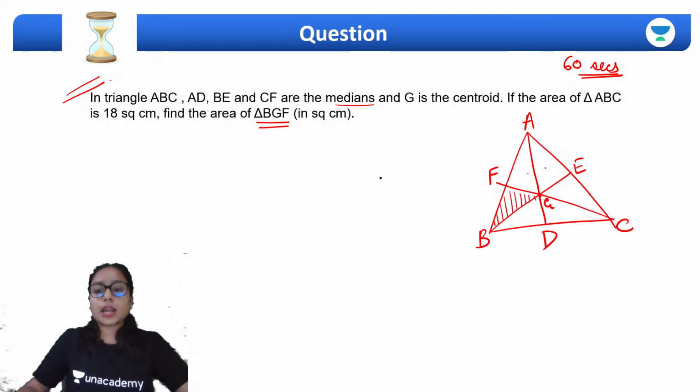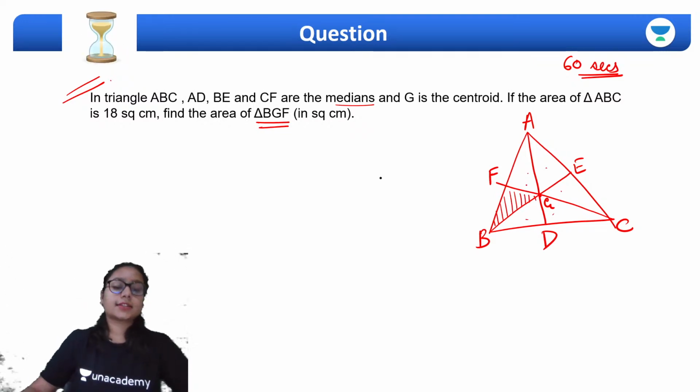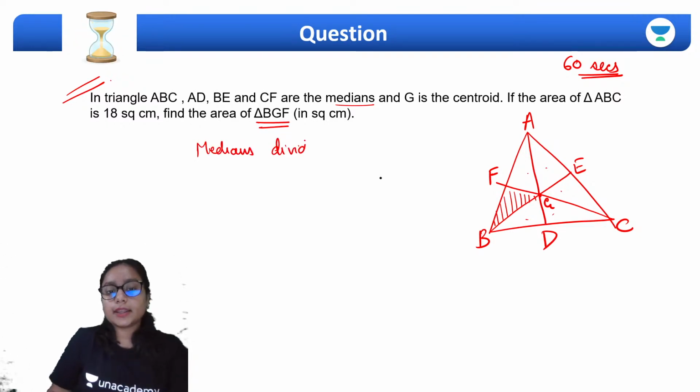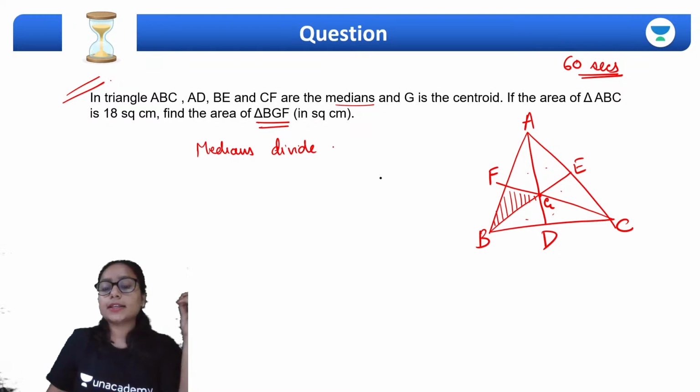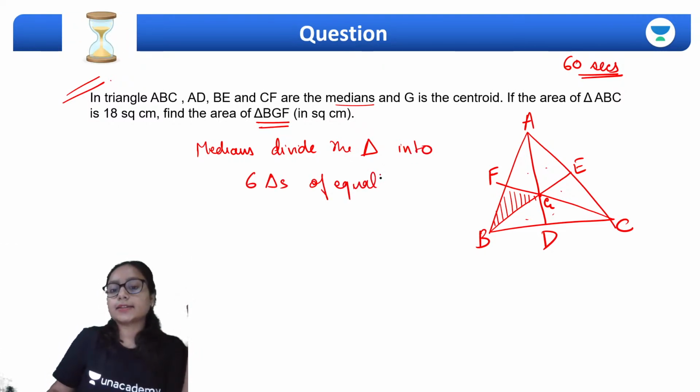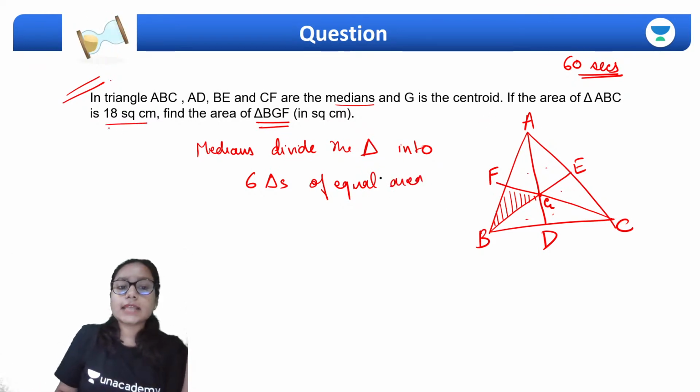How many triangles are formed? 6. We know that medians divide the triangle into 6 smaller triangles of equal areas. Now what is the area of triangle ABC? This is given as 18.